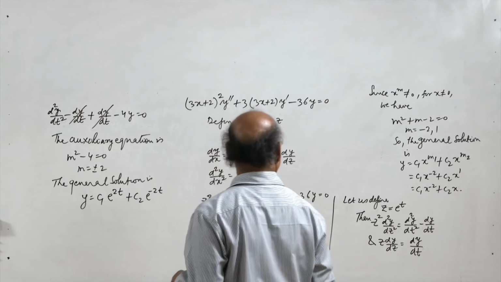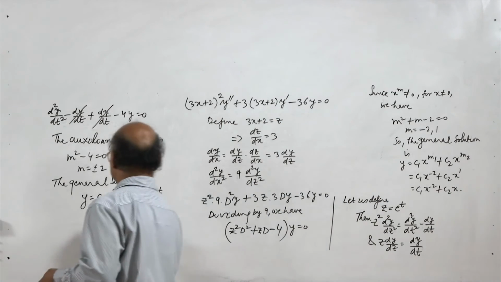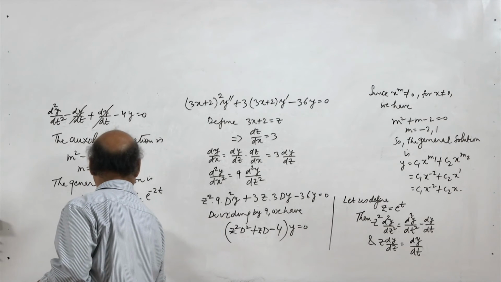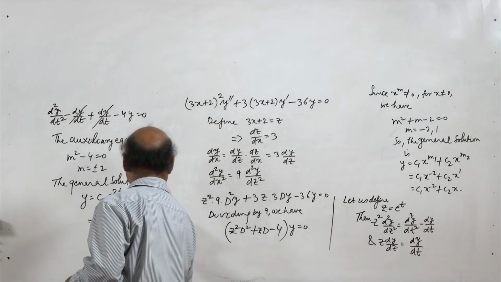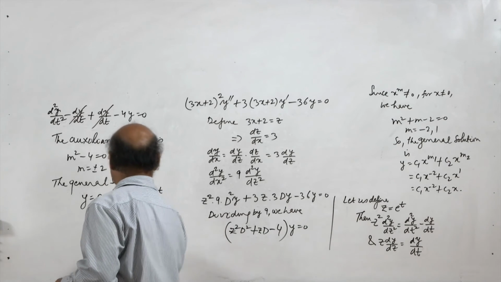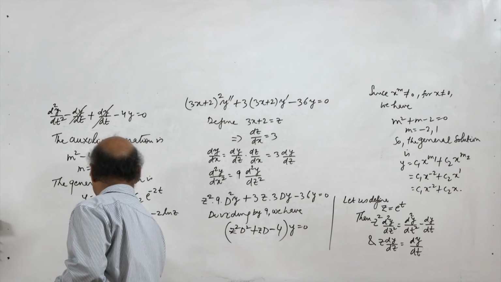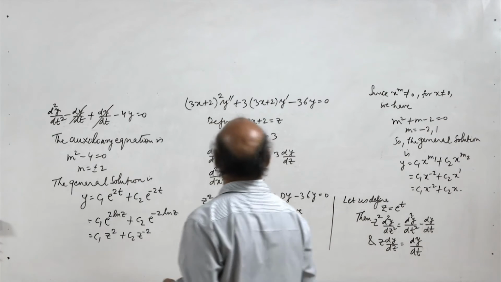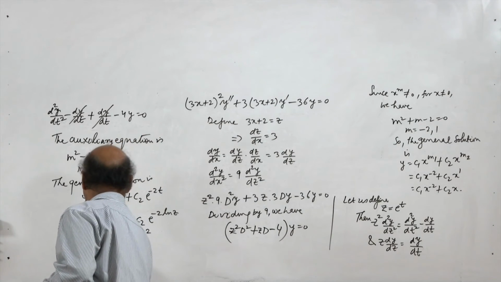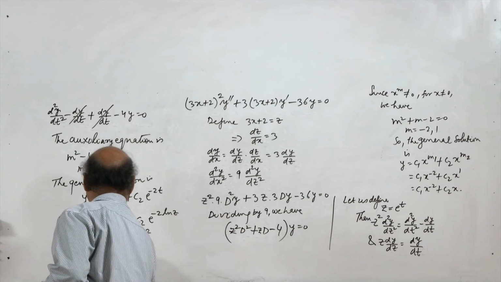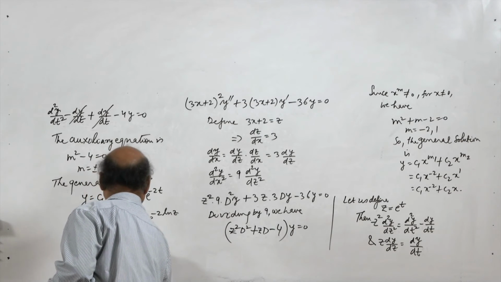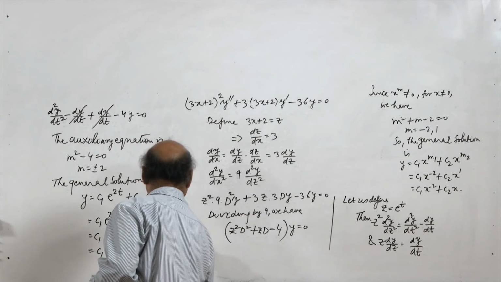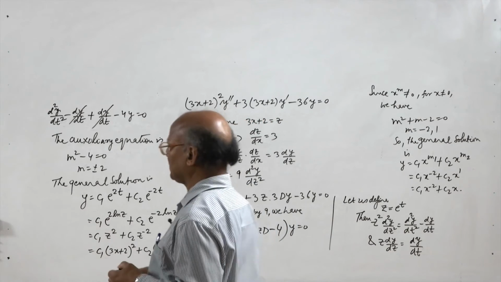Now, let us put t as ln z. So, C1 e to the power 2 ln z plus C2 e to the power minus 2 ln z, and this is equal to C1 z to the power 2 plus C2 z to the power minus 2, but z is equal to 3x plus 2. So, we get C1 (3x plus 2) square and C2 (3x plus 2) to the power minus 2. This is the general solution in this case.